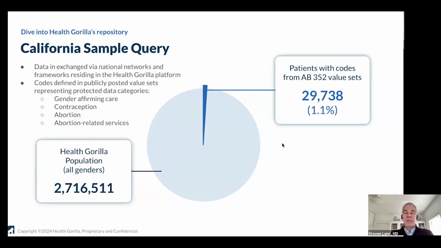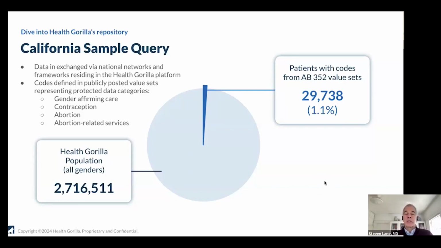In the case of California, obviously many more individuals are represented than were in Maryland, 2.7 million individuals. This one is looking across genders, or at all genders, because of the nature of the rule. But again, utilizing the value sets that we're going to be talking about that are now publicly available.